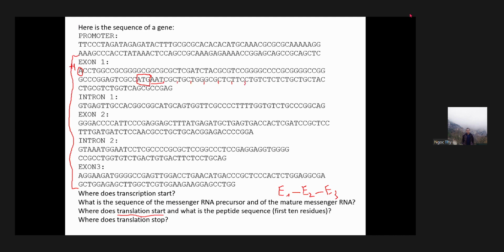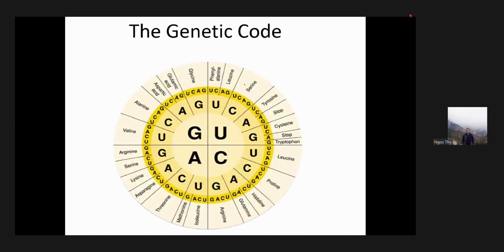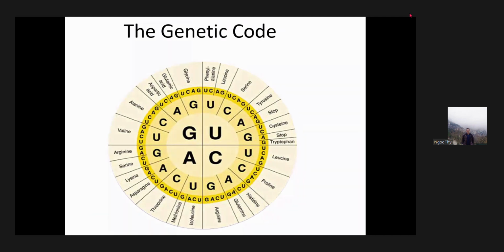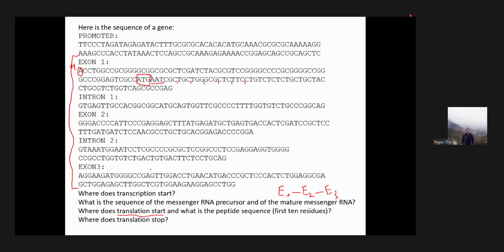For example, AAT, T is replaced by U, so it's asparagine, and so on. So on like this, you have 10 residues from it.